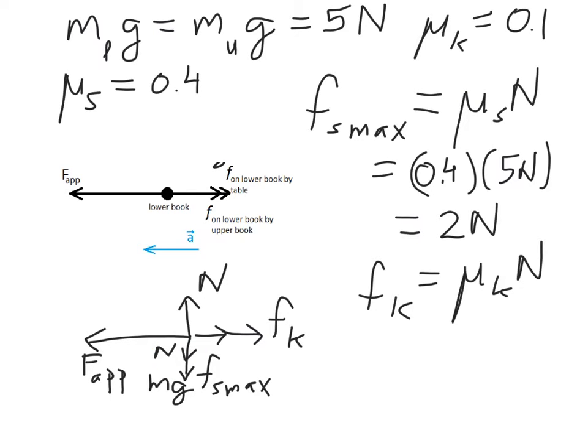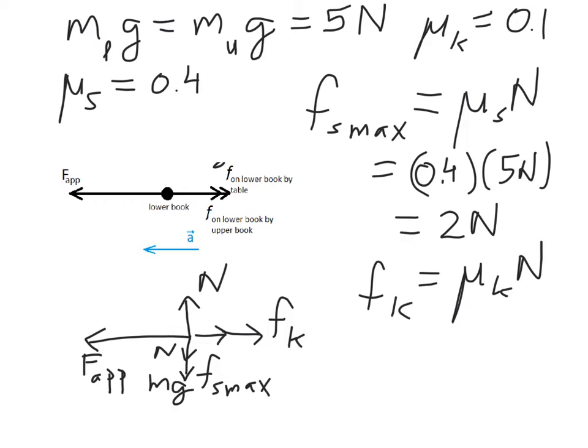But we know that this normal force corresponds to the weight of the upper book, and this has the same magnitude of 5 newtons, and so the total here is going to be 10 newtons. So the normal force of the table on the lower book is 10 newtons.